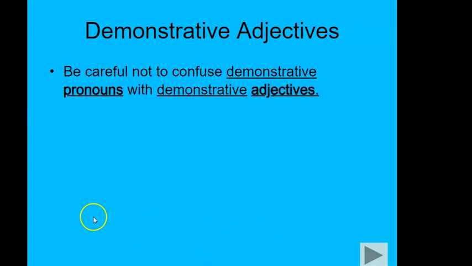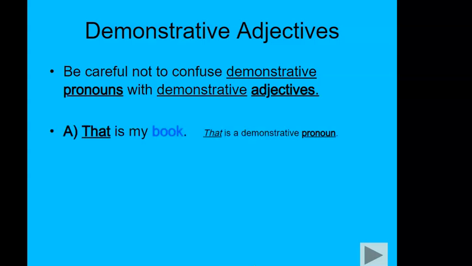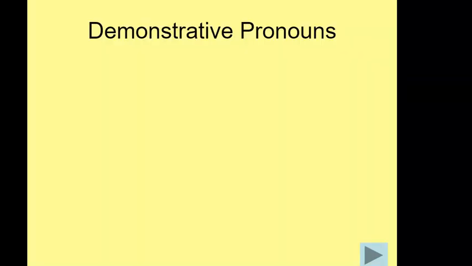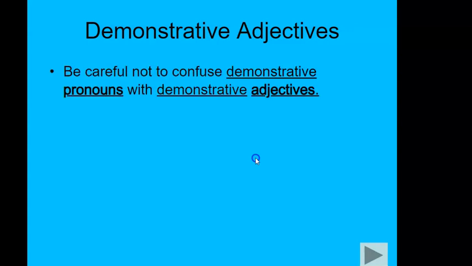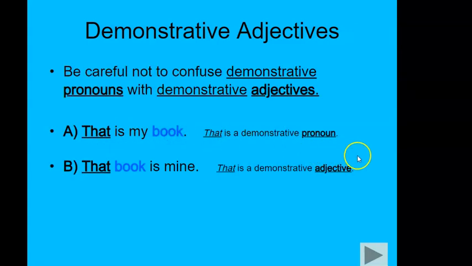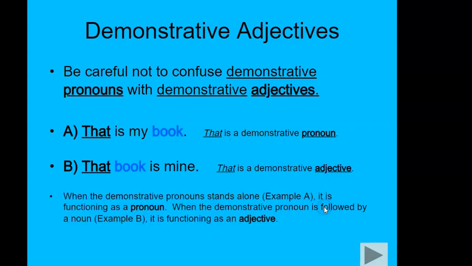And this will also be a demonstrative pronoun. That is my book. That is a demonstrative pronoun. That book is mine. That is a demonstrative adjective. Also, this. This is a book.